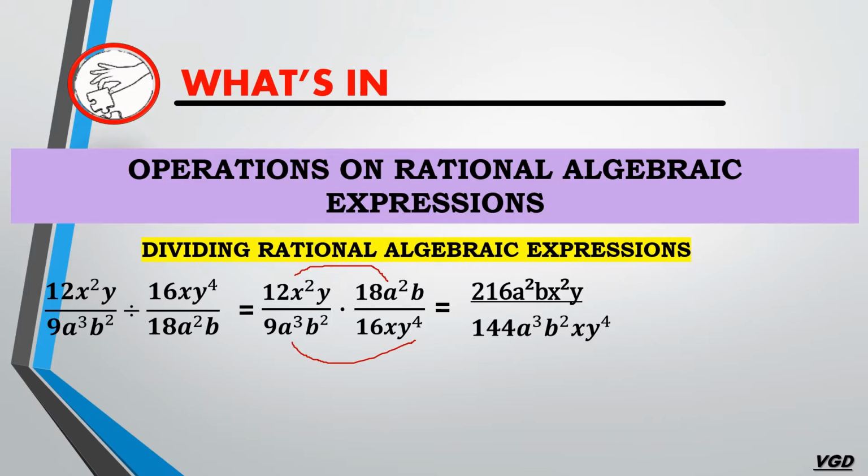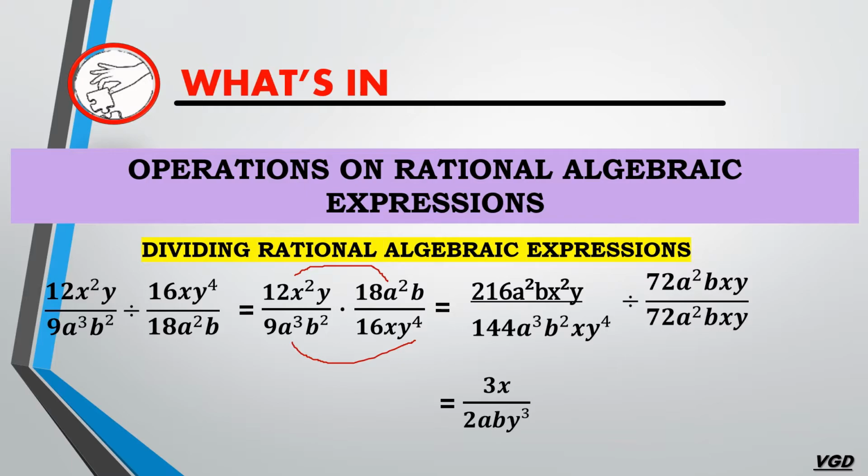This expression can still be simplified to its lowest term. We just have to get the greatest common factor, which is divisible for both the numerator and denominator, and that is 72a squared bxy. We divide 216a squared b x squared y by 72a squared bxy, and we get 3x.